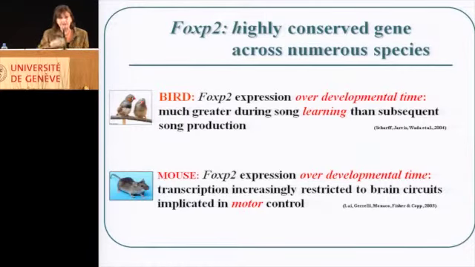But as the mouse became more and more active in its environment and explored the environment rapidly, FOXP2 became restricted to circuits that are involved in motor movement, so particularly the cerebellum. So there's a change over time in where and how much expression of FOXP2 existed.